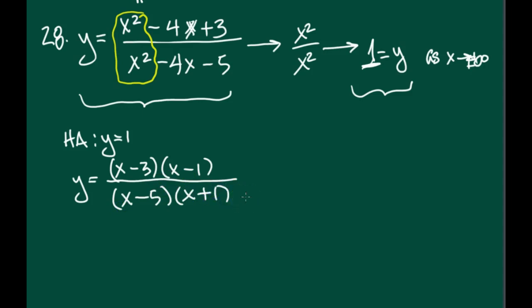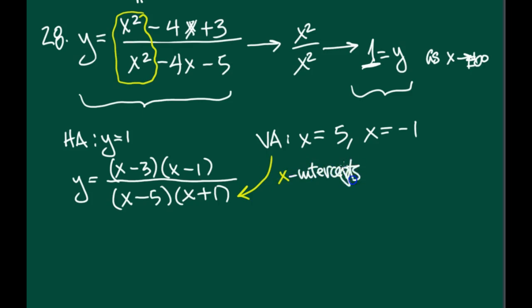Okay, so that gives me my vertical asymptotes at x equals 5 and x equals negative 1. I know those because those are zeros of the denominator. And zeros of the numerator give me my x-intercepts at x equals 3 and x equals 1.